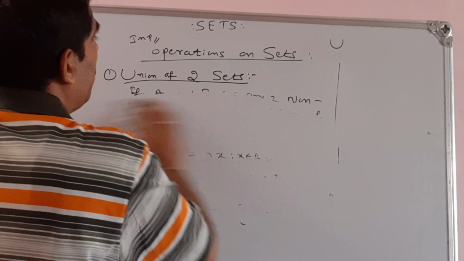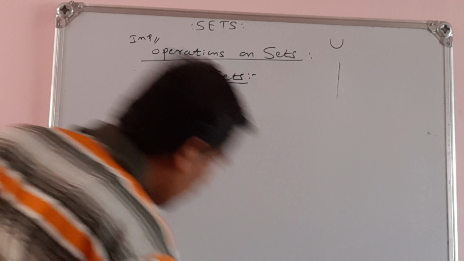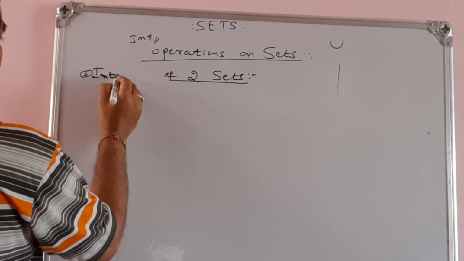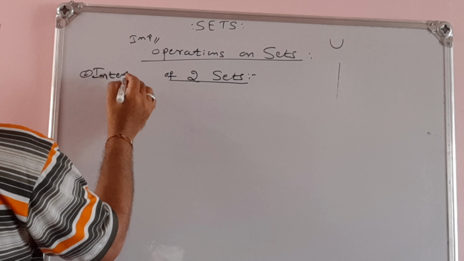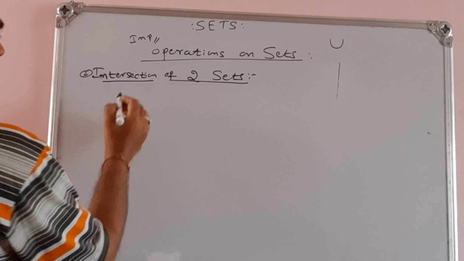So let us go for the next one. The next operation is, okay, let me write it here. Important here: intersection. See, intersection of two sets.